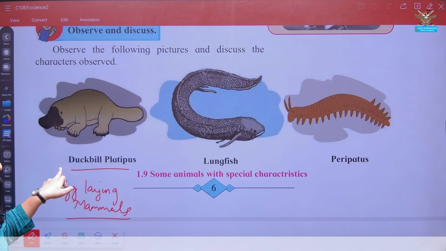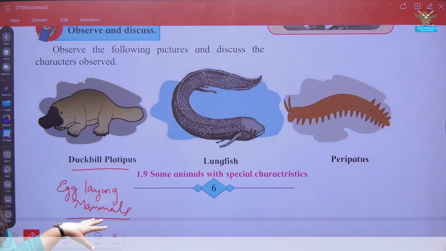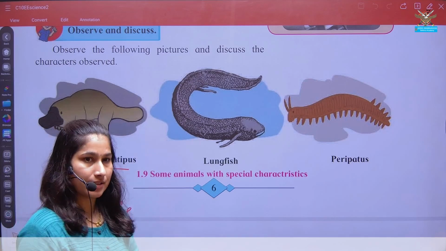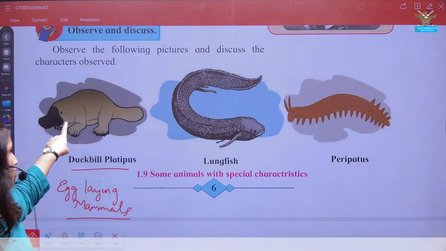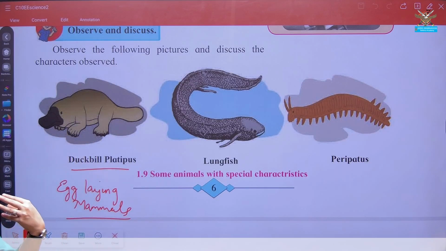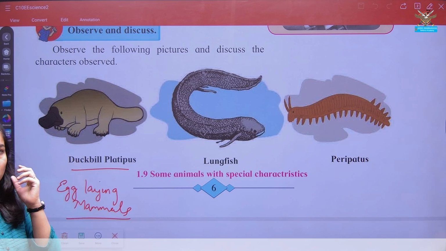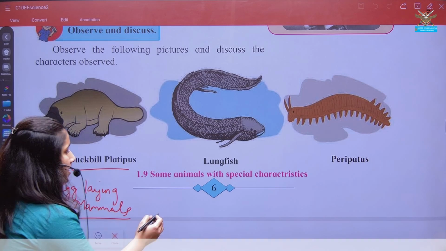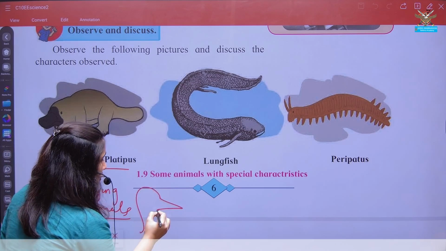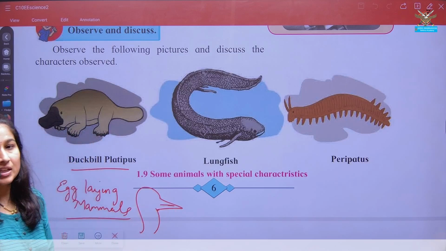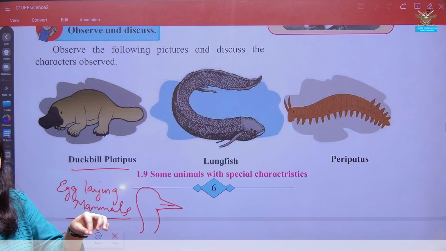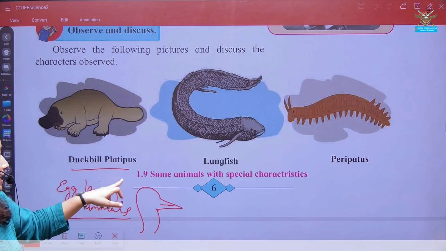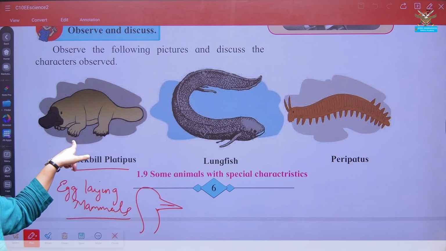But this duck-billed platypus is one kind of mammal which lays eggs, and externally you also see it possesses a bill or beak, a bird's beak. Hope you know about the beak, right? Birds use this beak for feeding purposes, and this beak is present in this duck-billed platypus.